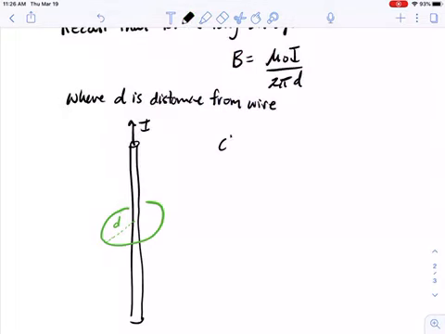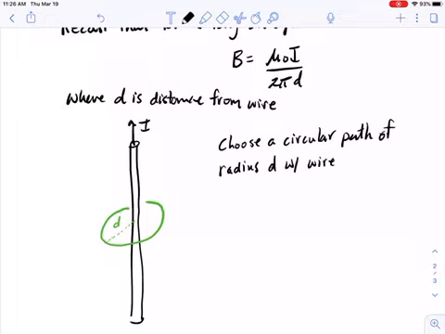So let's choose a circular path of radius d with the wire at the center.